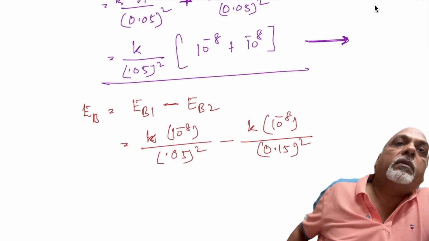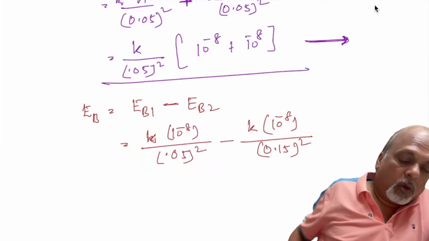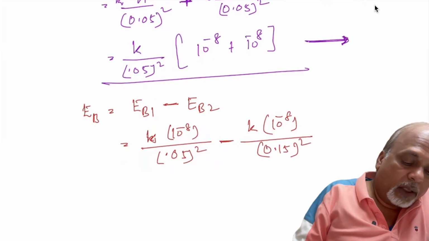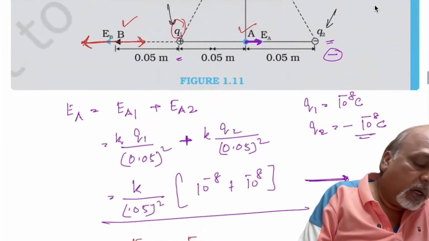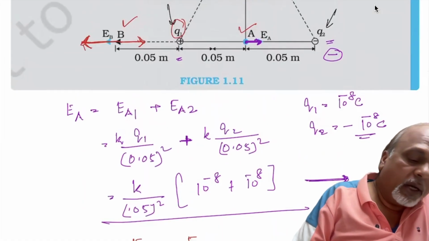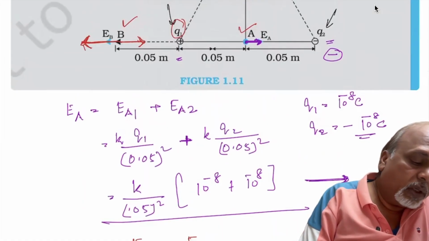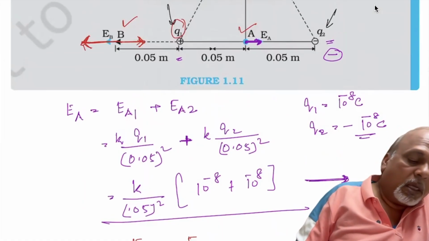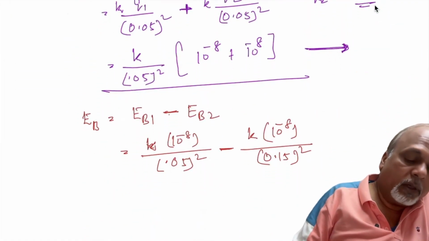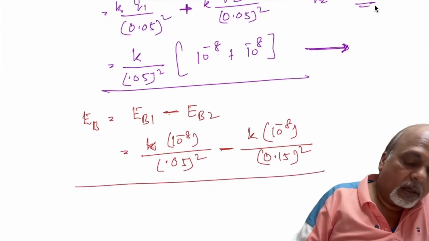Correct. So here I have put minus because due to Q1 the direction is on the left side. Due to Q2 it is in the right direction. That's why there will be a difference of this, and this you can calculate.